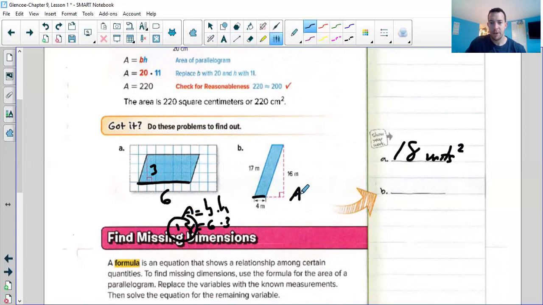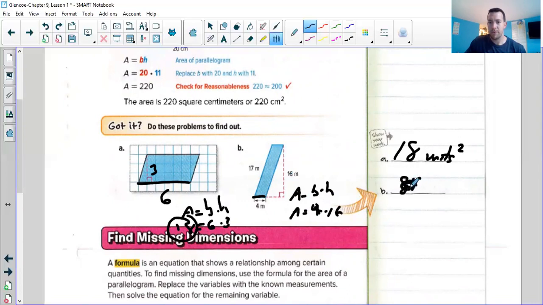Over here, base times height. Area equals base times height. Area equals, my base is 4 times my height, 90-degree angle to the top is 16. So I would do 4 times 16, and that is 84.